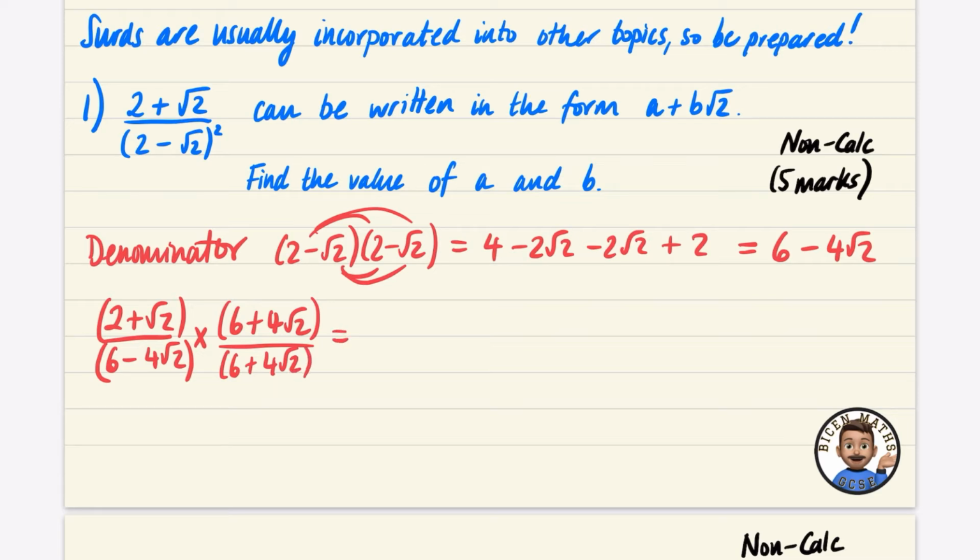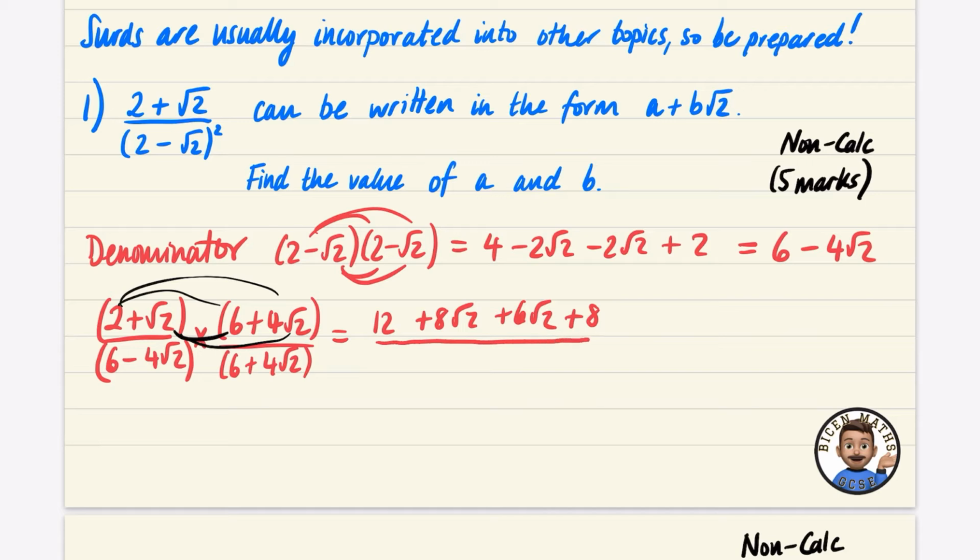For the numerator, I'm going to do the 2 times the 6, which is 12. Then the 2 times the 4 root 2, which is 8 root 2. Then the root 2 times the 6, which is 6 root 2. And then my last part is the root 2 times the 4 root 2, which is 4 times 2, which is 8.